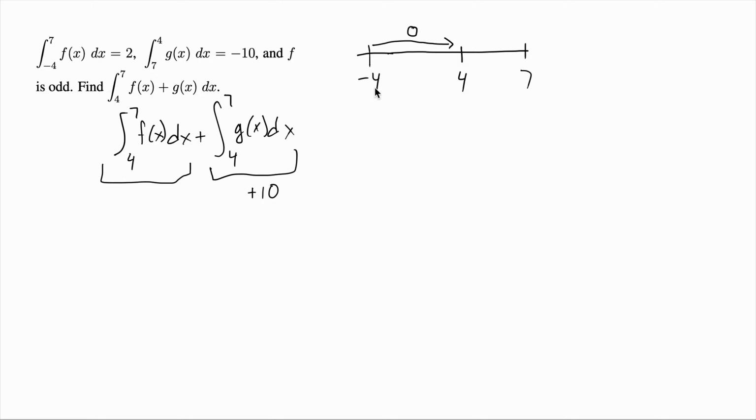Notice this interval is symmetric about 0, and if you're thinking of an odd function, like our little picture, there's positive area and negative area, because we're always going in one direction, right? So right here will be negative, there will be positive, and it'll cancel out to 0.